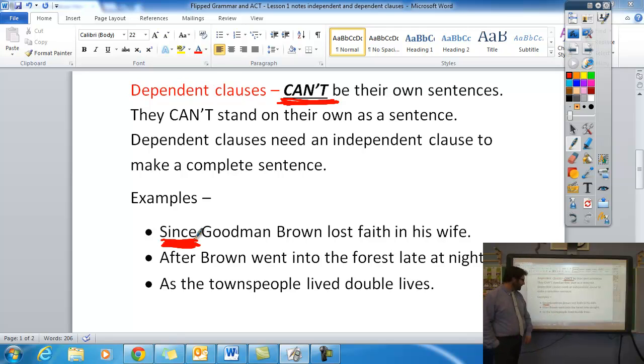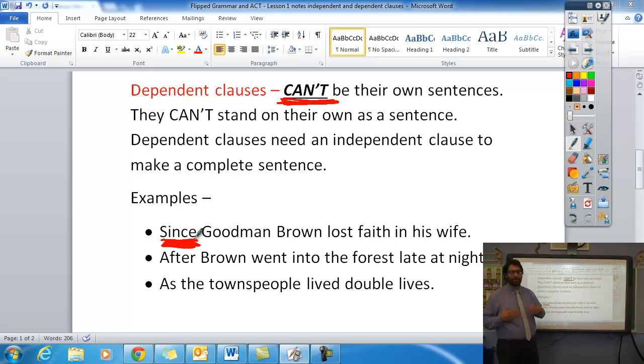Same thing here with the next one. After Brown went into the forest late at night. If I just wrote that in my paper, you'd expect me to continue that thought. Well, what happened after Brown went into the forest late at night? Let's look at the next one.